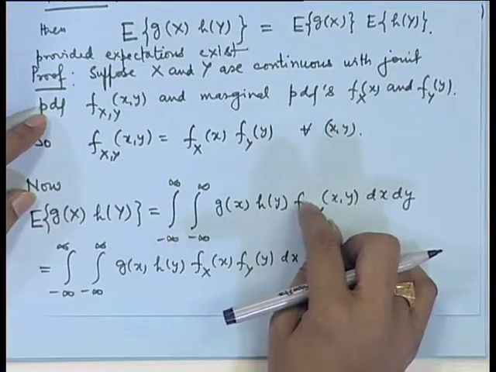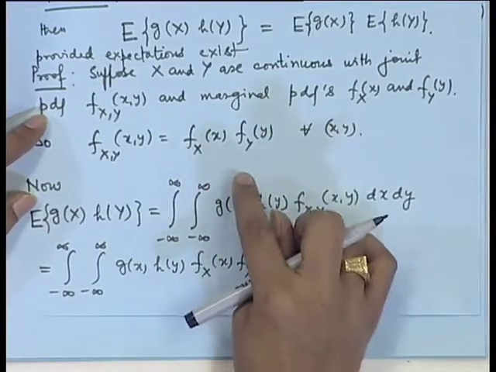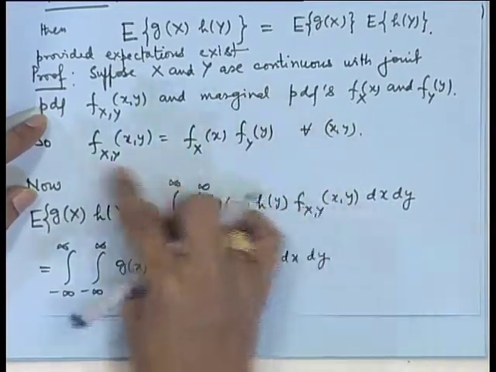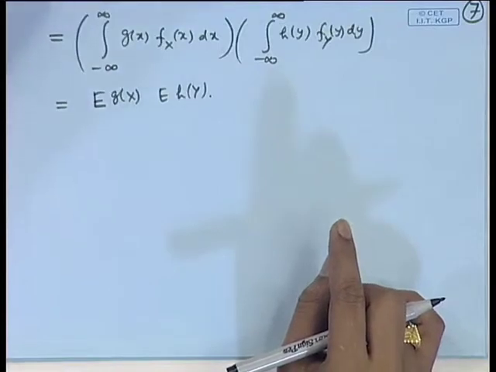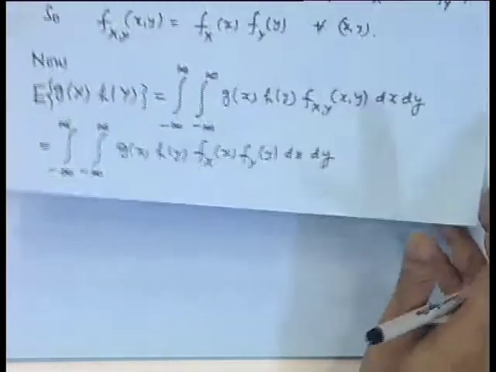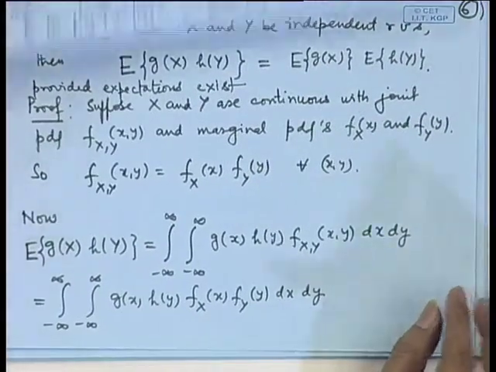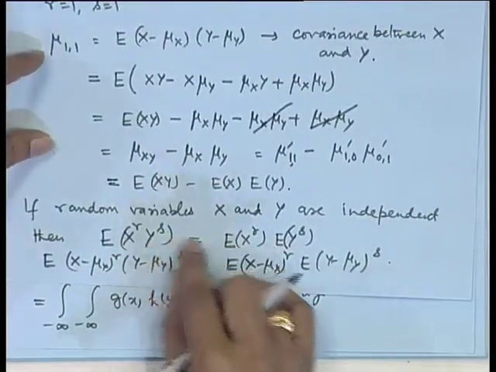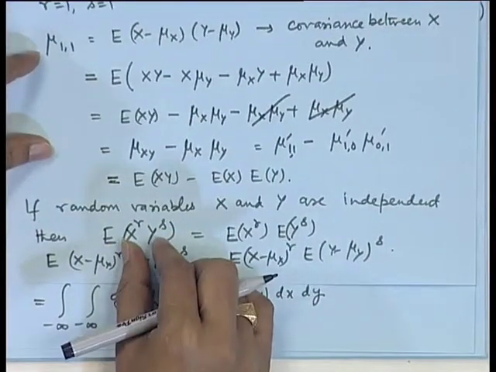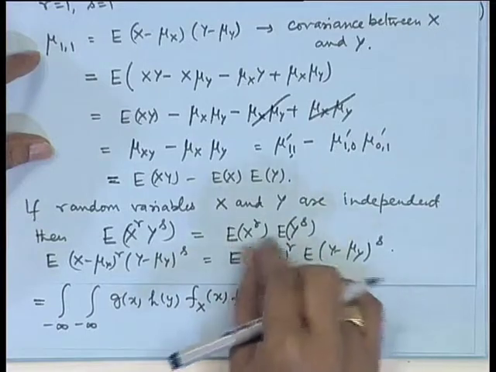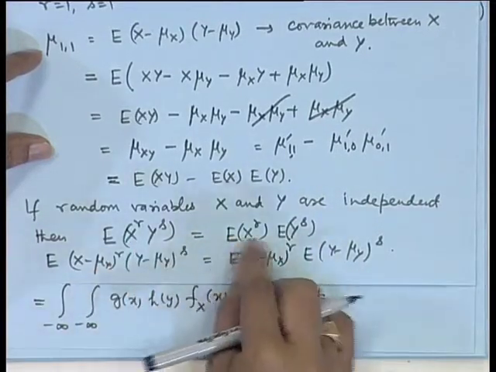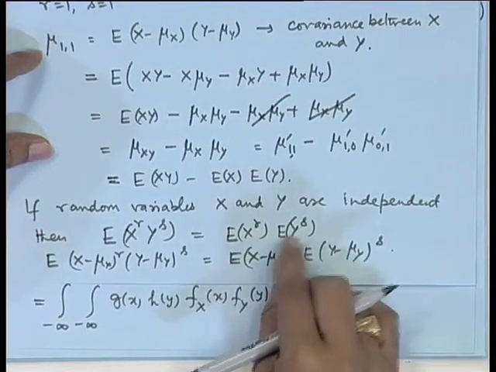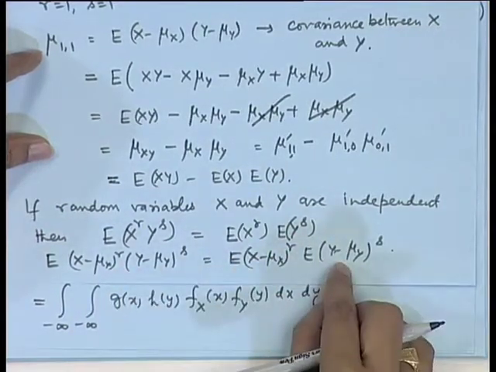The proof is a little bit involved in the case of mixed random variables, when one of them may be discrete or continuous, etc. So, in particular, if g x is x to the power r and h y is y to the power s, expectation of a product moment is equal to product of the individual moments, and this statement is valid for non-central as well as central moments.